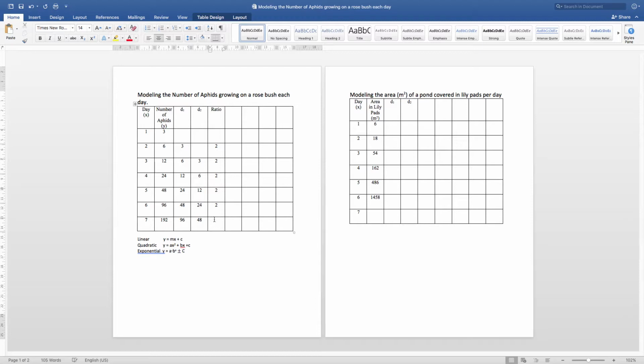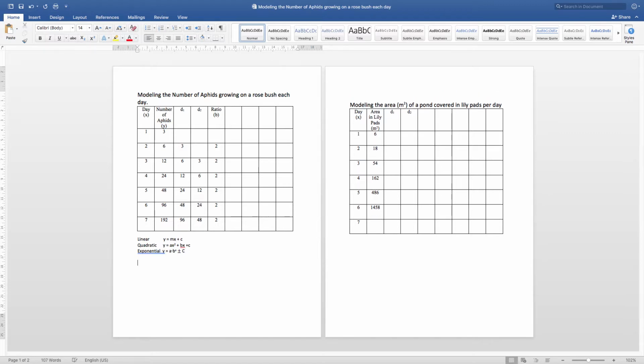And 192 divided by 96 would also be 2. So this ratio is really going to be the b value in our exponential expression.